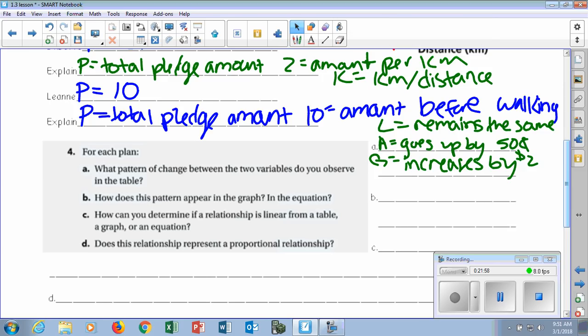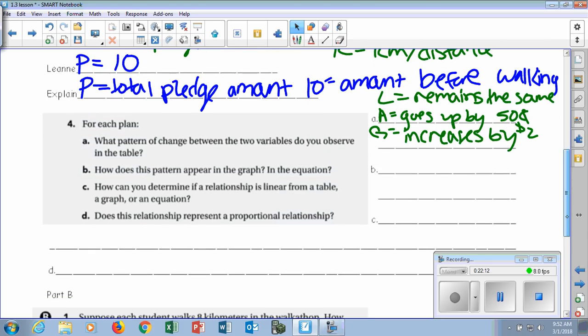It's constant at 10. So now for B, it says, how does this pattern appear in the graph and in the equation? Okay, so looking at the graphs that we created up above, what does it say for Elena?